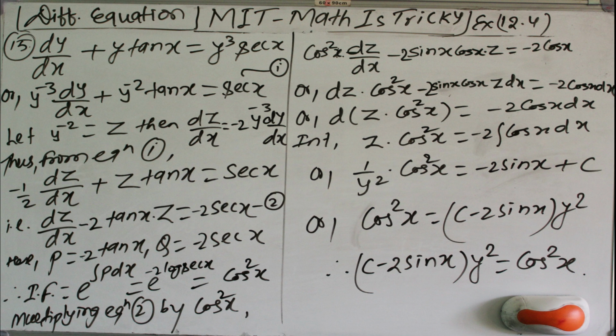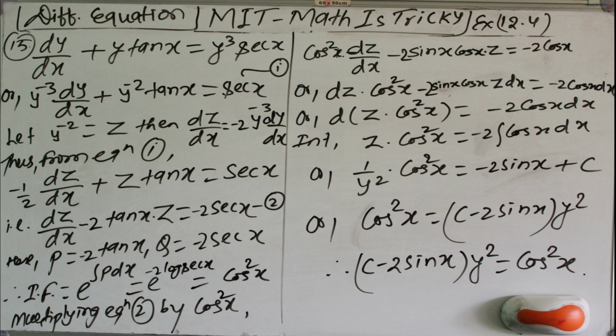The value of z is 1 by y square, so it is 1 by y square cos square x, and integration of cos is sin x, so minus 2 sin x plus c.